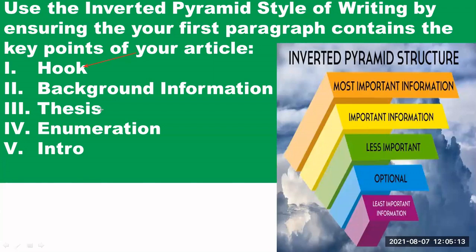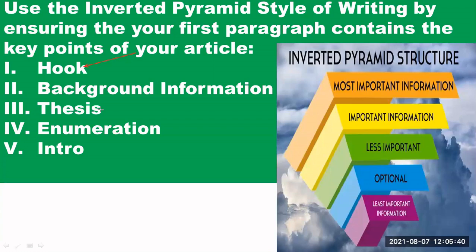And then you can come up with an enumeration. Normally, before you write an essay, it's important you create your outline, which means you jot down the points that you are going to use in writing your essay. And having jotted down the points, you enumerate them in a sentence, all right, within the first paragraph. That is what we call enumeration.